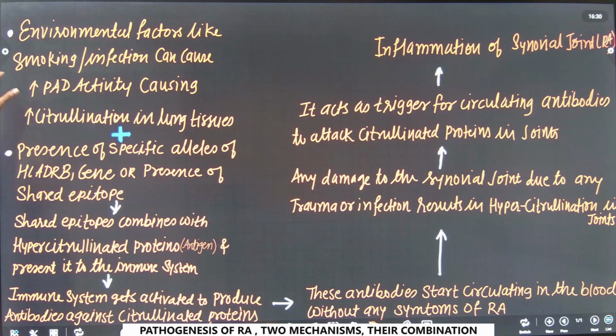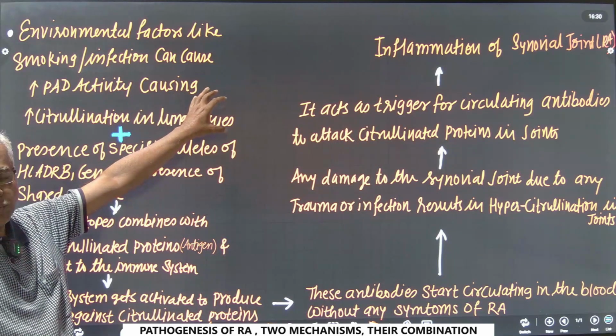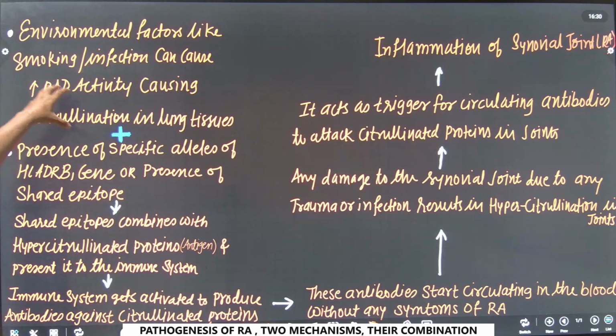Environmental factors like smoking or infection can cause increased PAD activity, causing hypercitrullination in the lung tissues. So in the lungs, because of smoking or infection or both, there is increased PAD activity, and because of this there is hypercitrullination in the lungs.